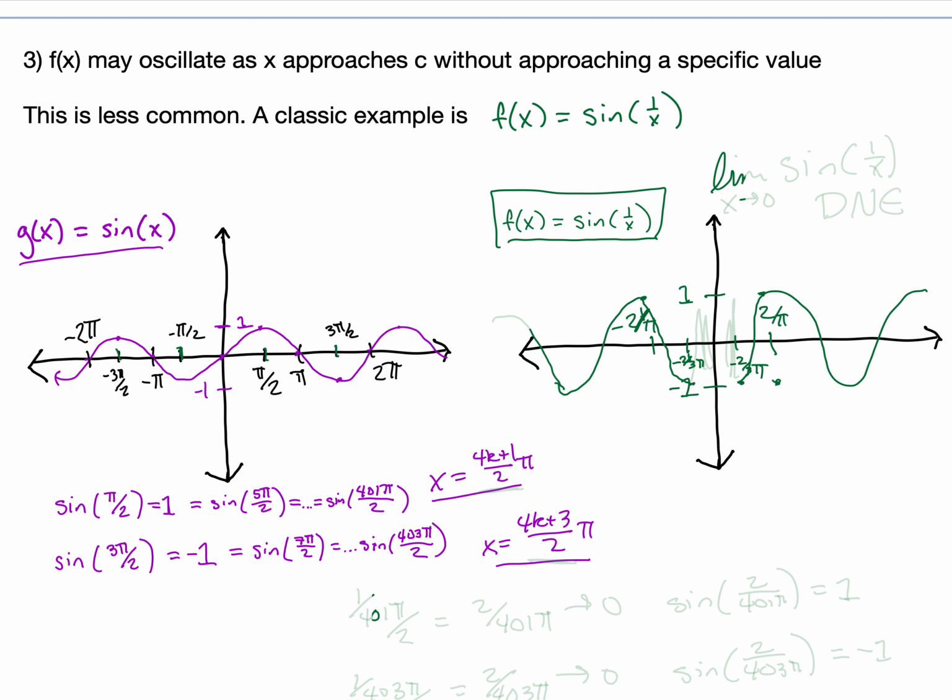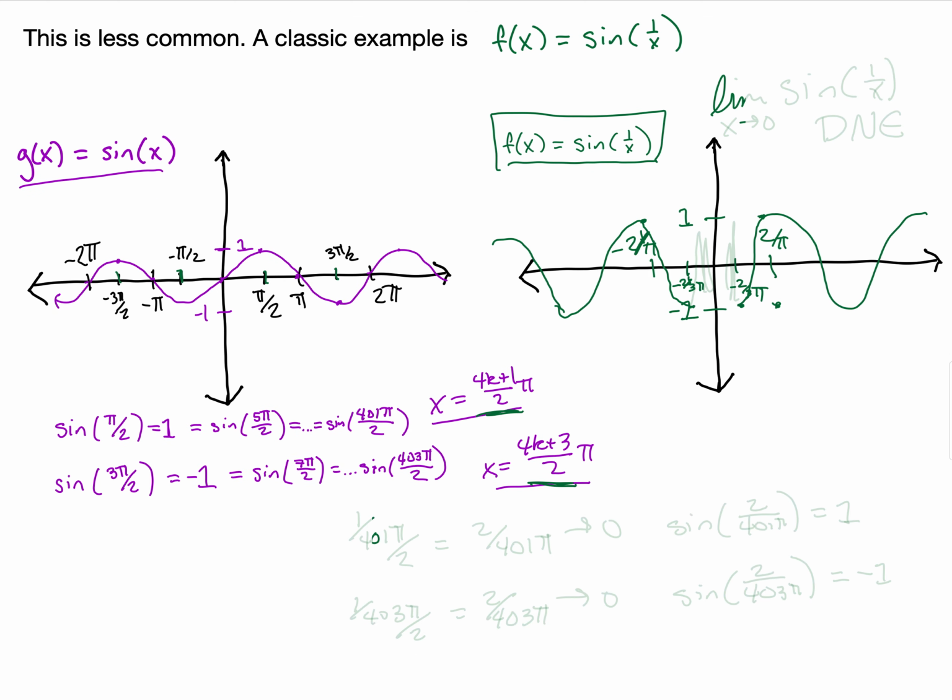But then the funny thing happens when x is approaching 0. As x approaches 0, these oscillations are going to happen more quickly because we're thinking about reciprocals of values like this.